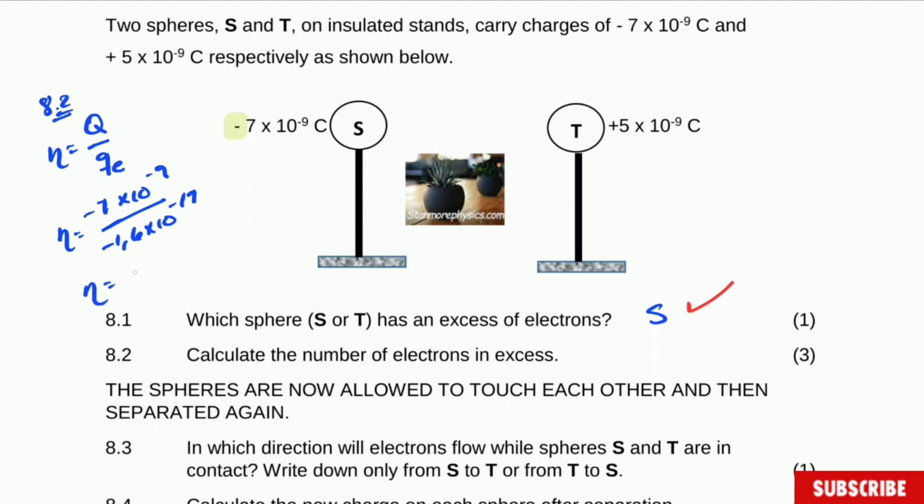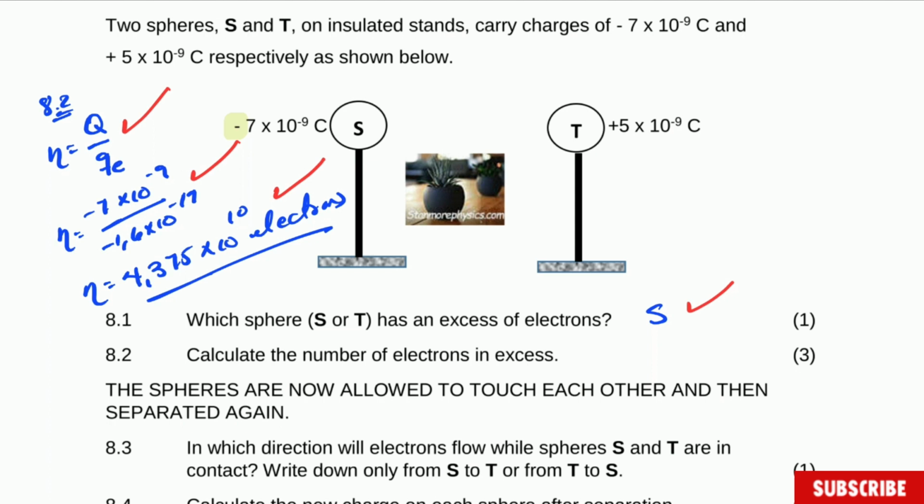When you do that, you get that the number of electrons is going to be 4.375 times 10 to the 10 electrons. There we go. That is the number of electrons. Quite simple. If you do that, you'll get 1, 2, and 3 marks. One for the formula, one for the substitution, one for the final answer.